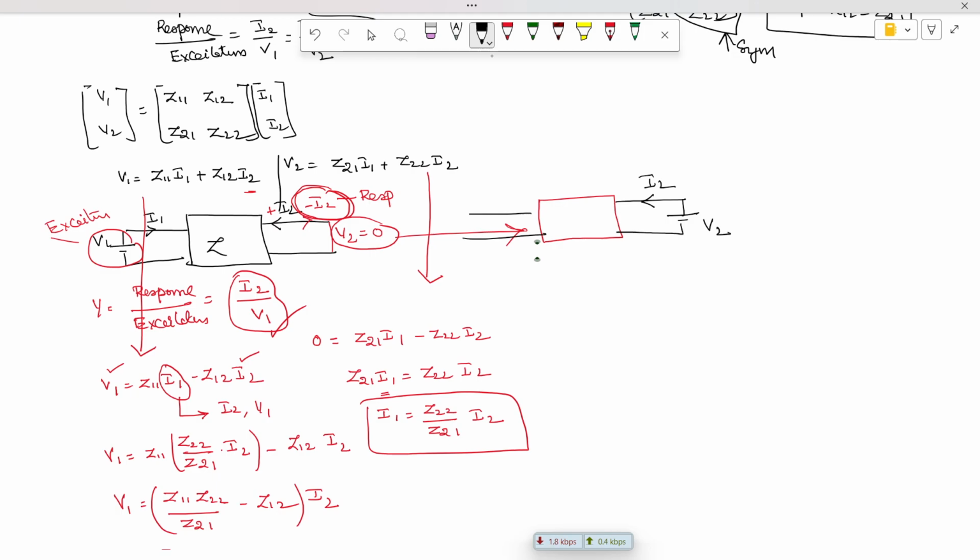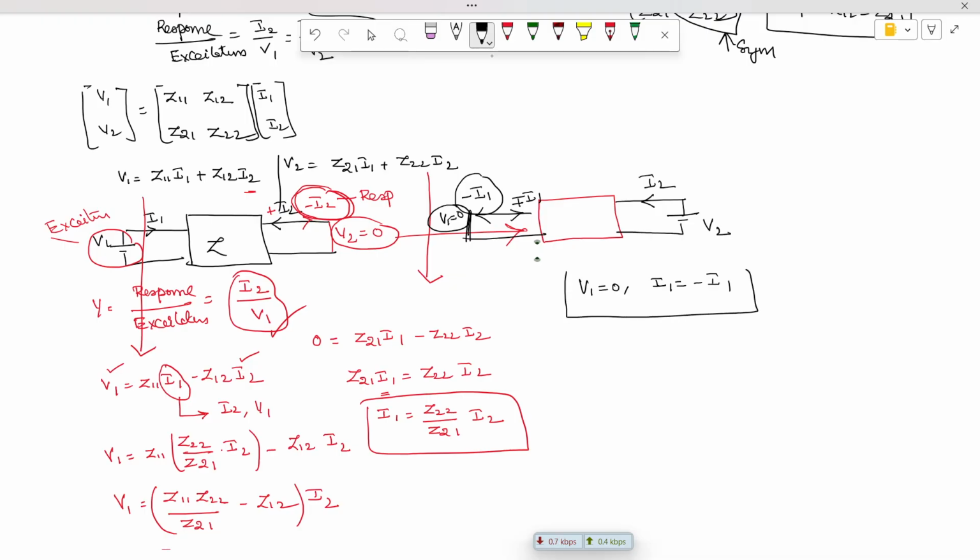Previously the current was flowing like this, that's why we had taken plus I1. Now the current will flow in the opposite direction, minus. The condition here is V1 is equal to 0. So we have to substitute V1 is equal to 0 and I1 as minus I1.